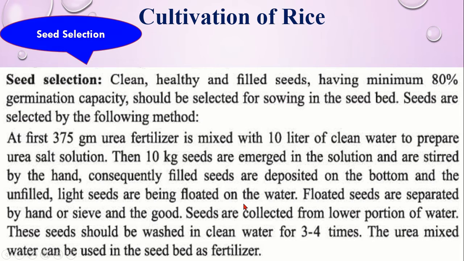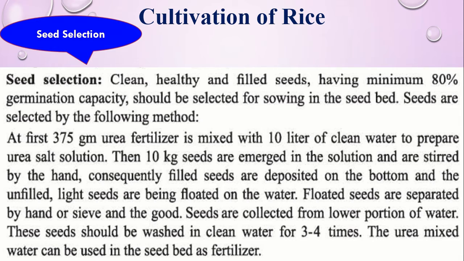And how do you realize or collect this type of seed? You take clean water and mix it with urea salt solution: urea fertilizer mixed with 10 liters of water, and the urea would be 375 gram. Soak about 10 kg of seed, immersed in the solution and stirred by hand.